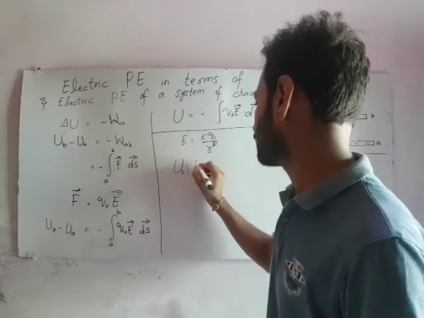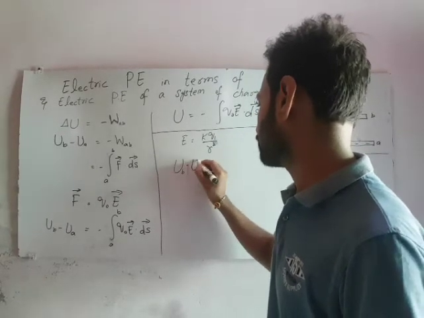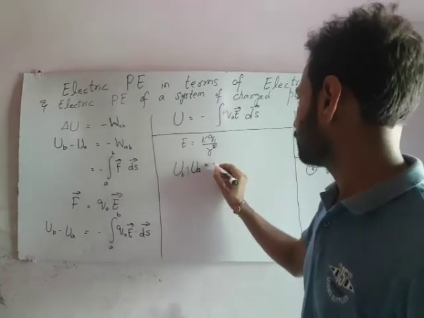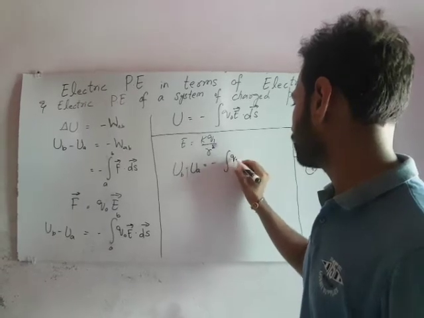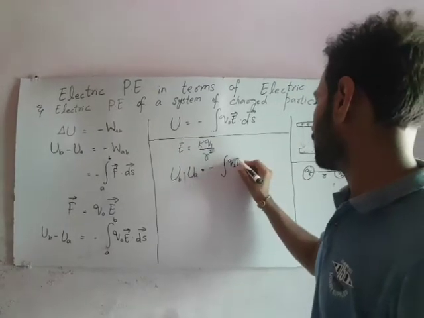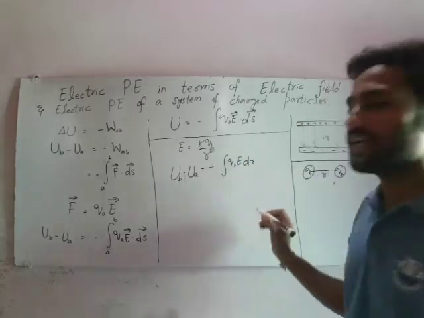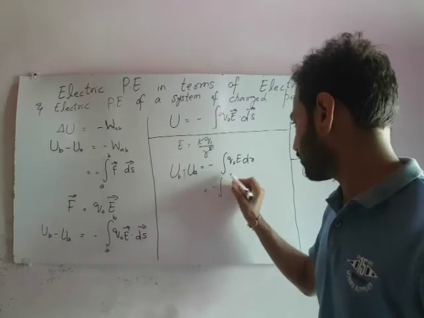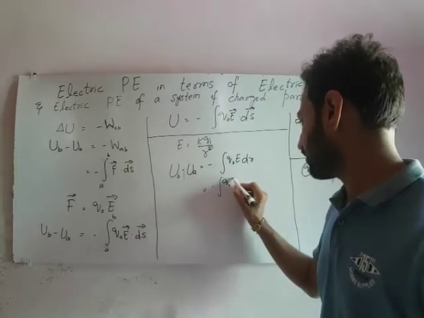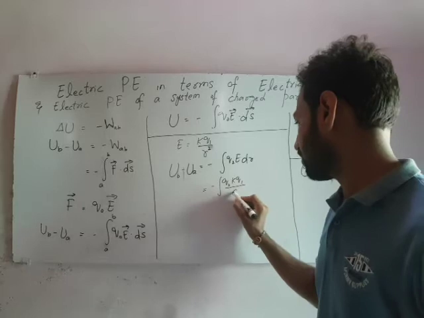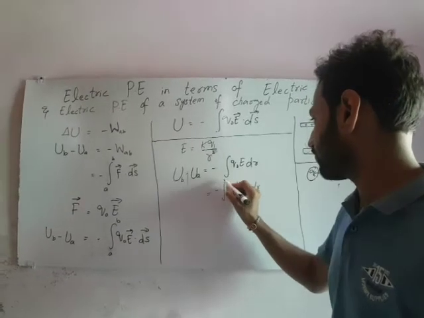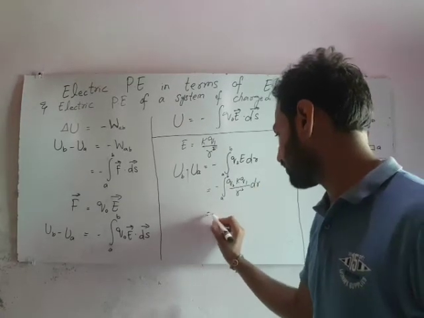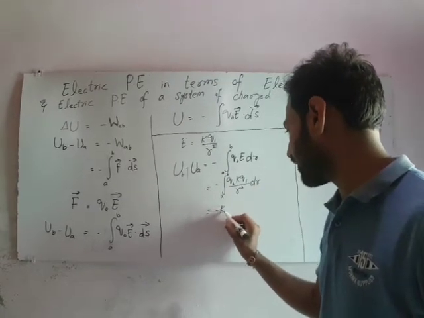UB minus UA is equal to minus integral of Q2 E and a small distance dr, then putting the value of E as K Q1 over r square, it becomes minus k q1 q2 integral of dr over r square.